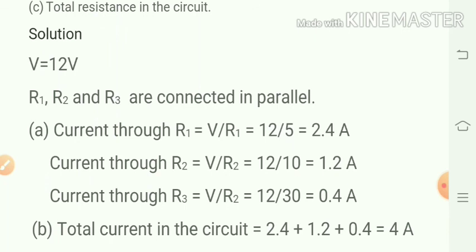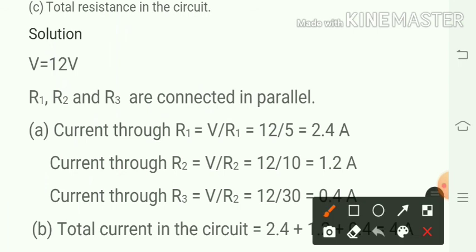Voltage is 12 volt. R1, R2, R3 are in parallel combination. Therefore, current through R1, that is I1, is equal to V/R1. Current through R2, that is I2, is equal to V/R2. Current through R3 is equal to V/R3.